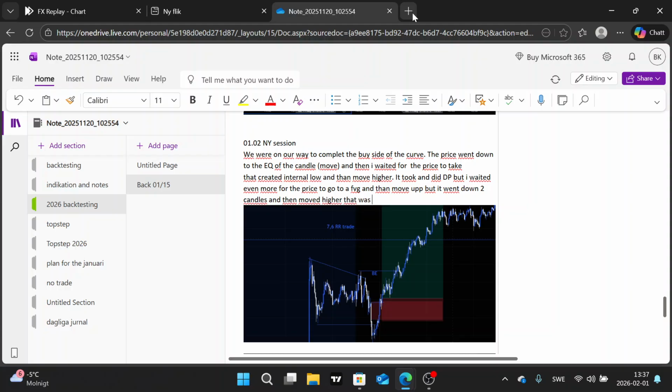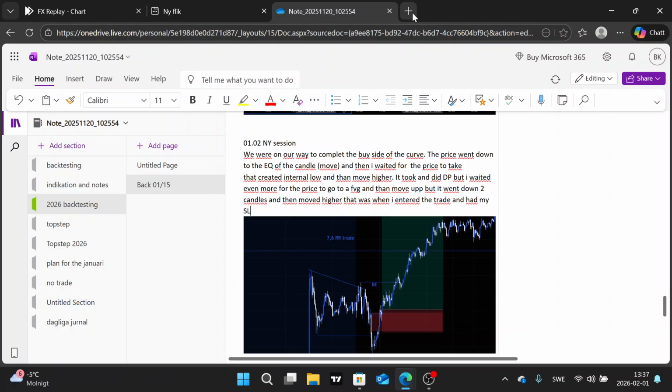That was when I entered the trade and had my stop loss on the bottom of the fair value gap.